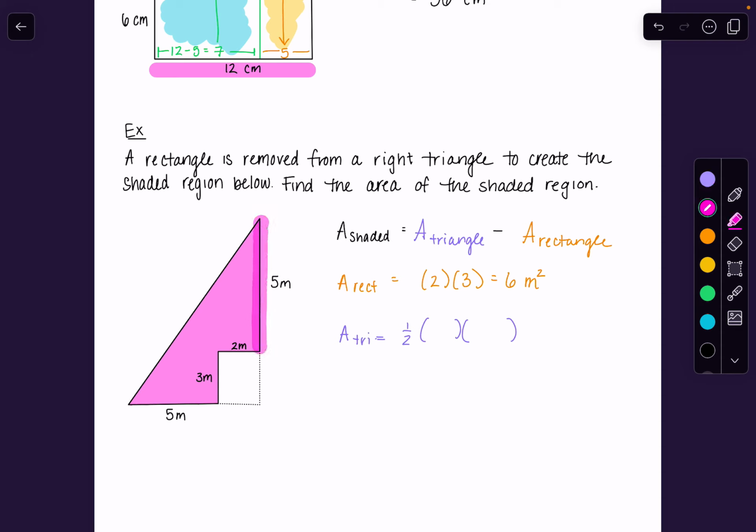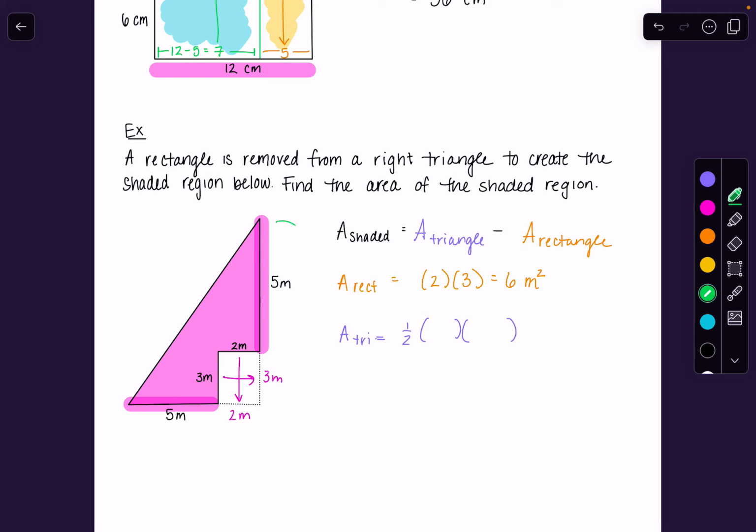So this side length is 5, and this side length here is also 5. So I need to figure out what these two pieces are to get my total side lengths. But again, because it was a rectangle that was removed, immediately I know this portion here is 3 meters, and this portion here is 2 meters.